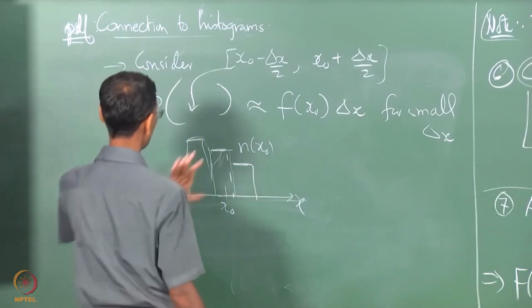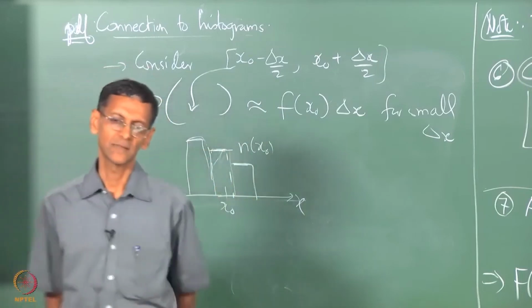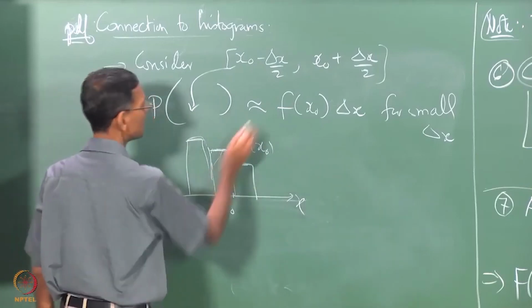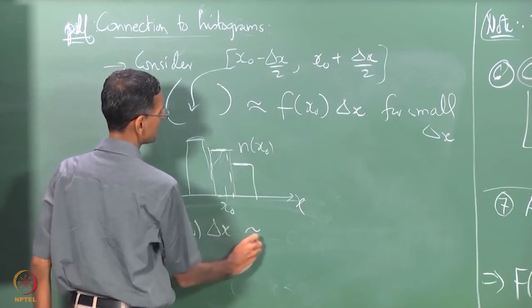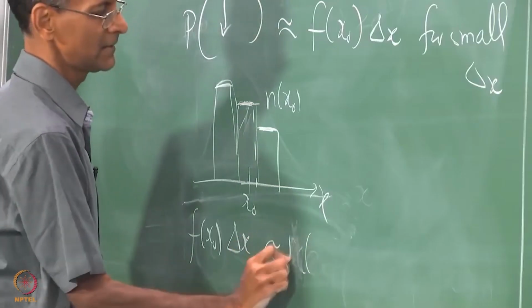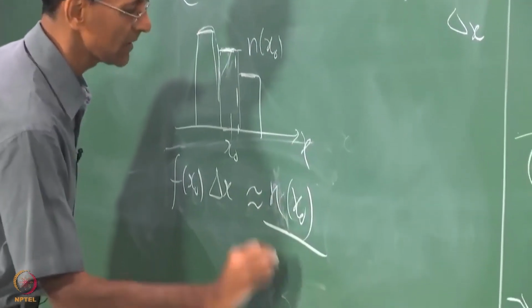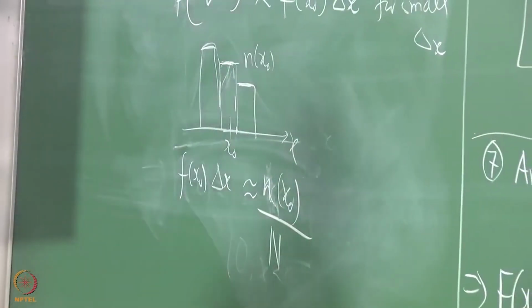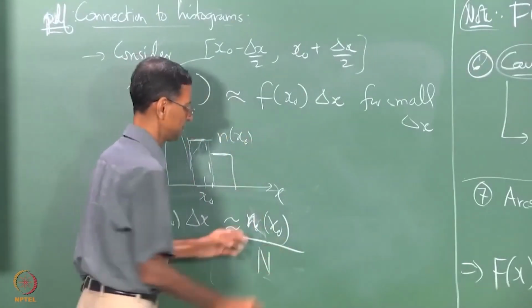So this particular n of x naught, and let us say you have the total number of trials as some N. What is the relationship now? This f of x naught delta x is supposed to be roughly n of x naught divided by the total number of trials, which I will call capital N, because I do not want to use small n here.